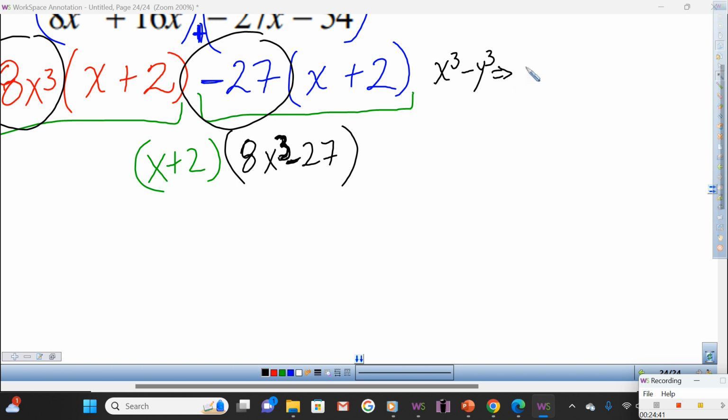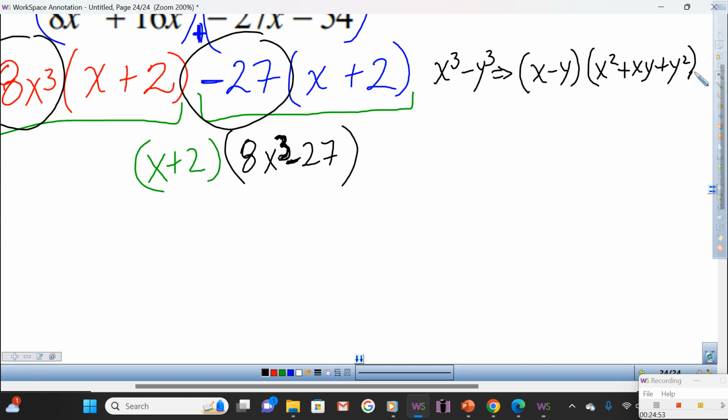So, for those of you that forgot, here we go. Whenever we got to this part of the session, we did difference of squares and difference of cubes. For difference of cubes, we start with parentheses x minus y, parentheses x squared plus xy plus y squared.